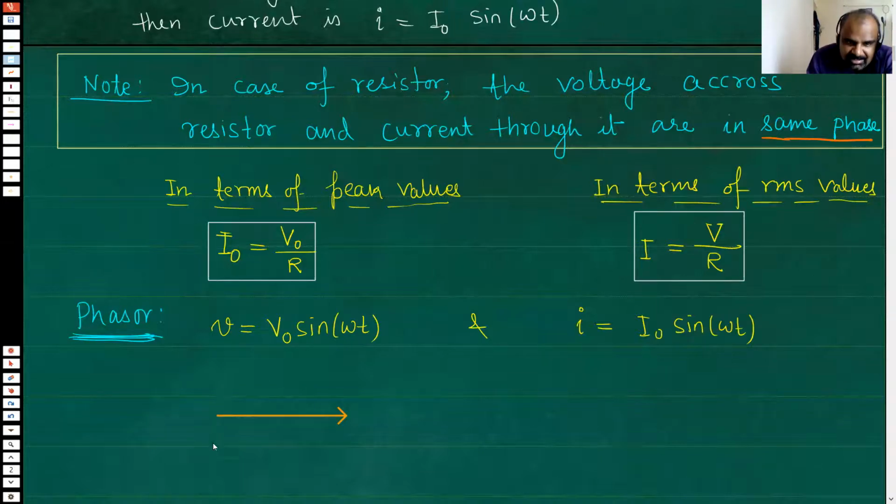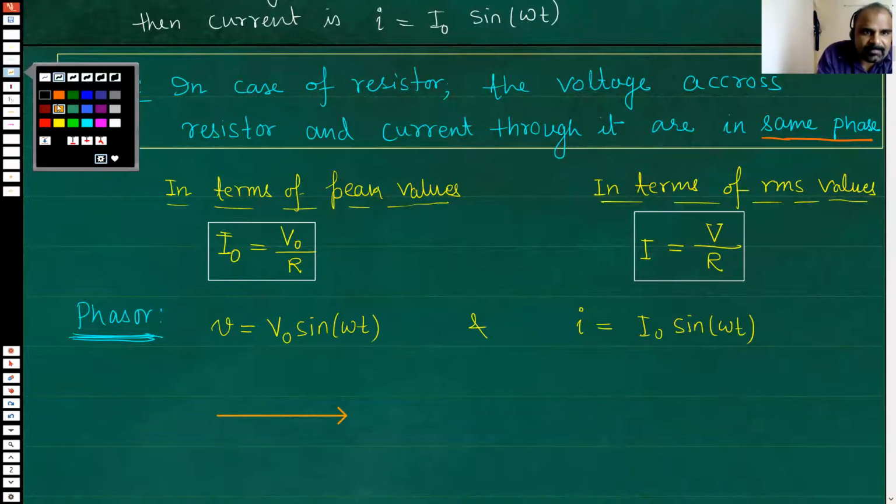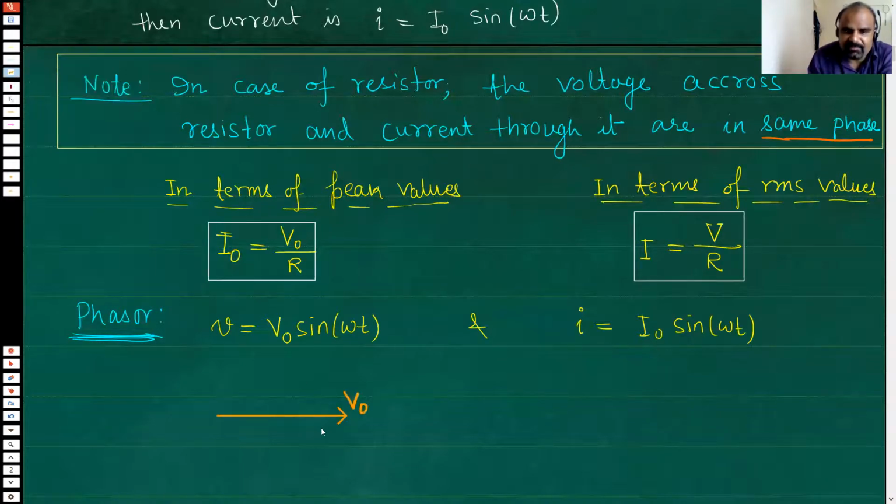Now what will be the length of this? The length of this, as I said a few minutes back, will be the peak value, and the peak value is V naught. So V naught. Here we write the length at the end of it. So V naught. And what about the current?